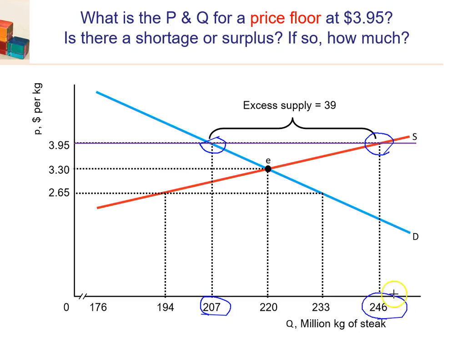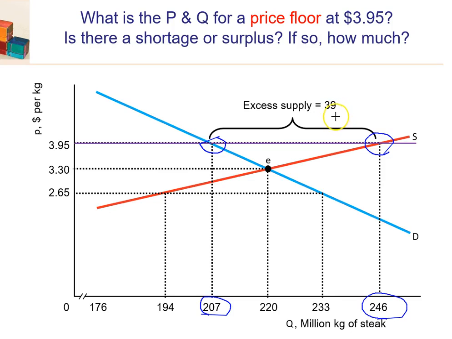So what we have is quantity supplied of 246, which is larger than the quantity demanded, or we have too much stuff. We have an excess supply of 39 units. Another term for excess supply is a surplus. We have a surplus of 39 units due to this price floor at $3.95.